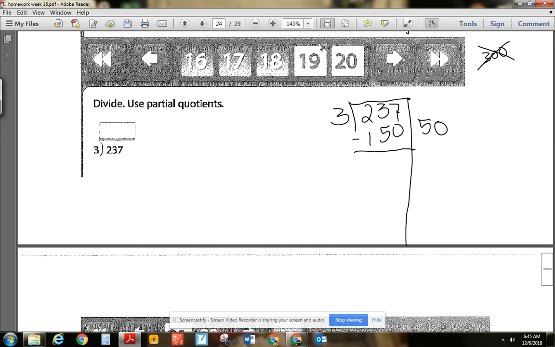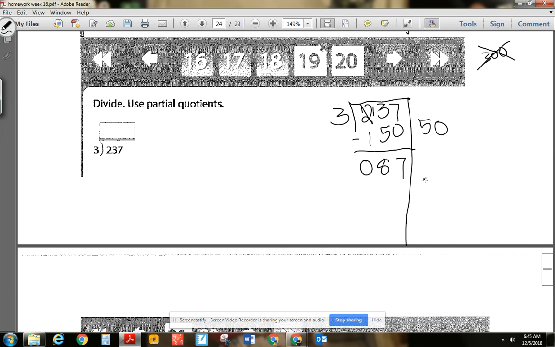15 tens. All right. Well, make sure you regroup. So 13, take away 5 is 8, then 0. All right, now how many 3s can fit into 87? Can't do 50 again, right?